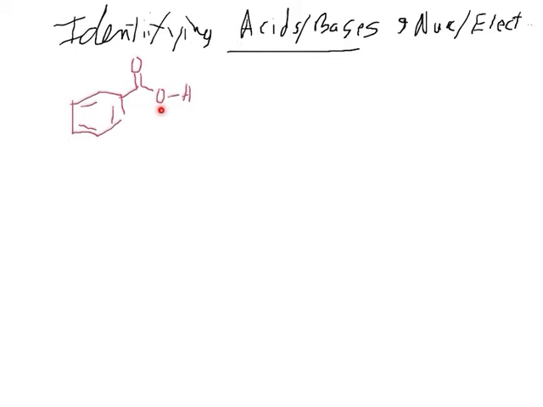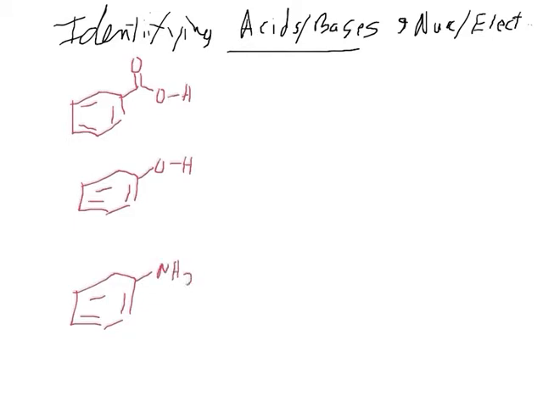In comparison, just an alcohol is not as good of an acid because there's this resonance pull when you look at the conjugate base. So this is more of a base than this. However, if you extend it a little further, what if I change it to NH2?